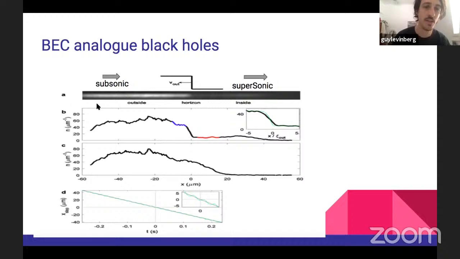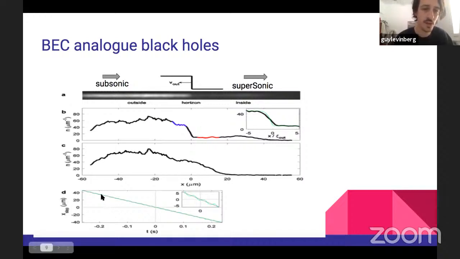So this is effectively our universe, and this is the inside of the black hole, effectively. And we can see they use a Bose-Einstein condensate of rubidium, I think. And this graph is basically the distribution of atoms.